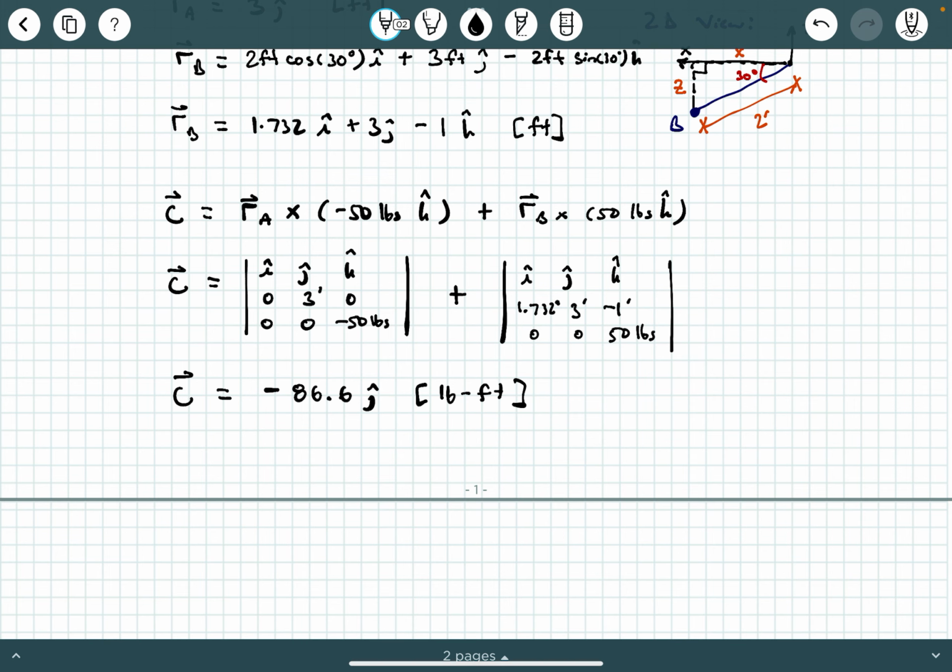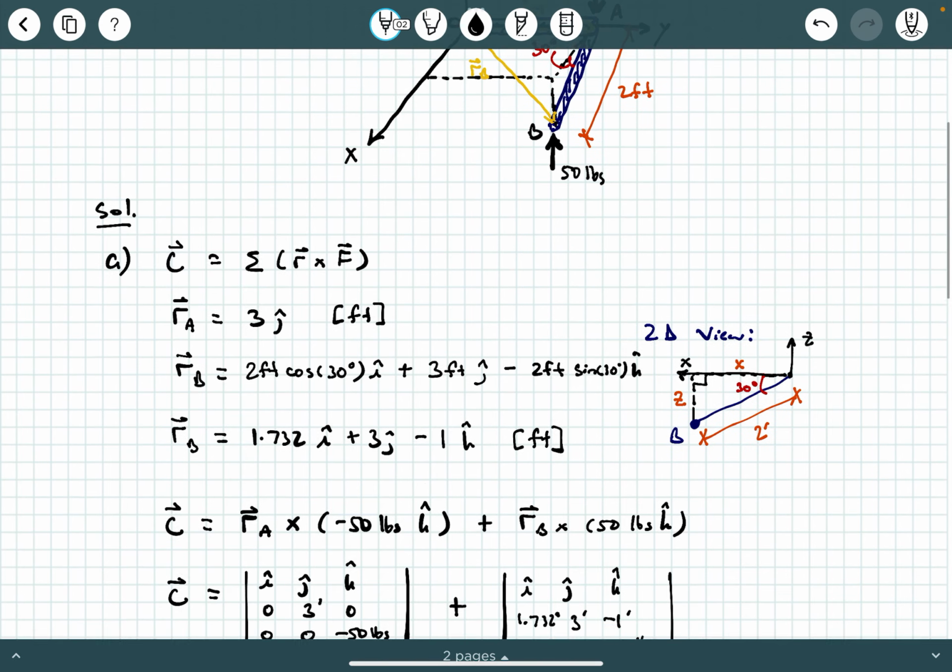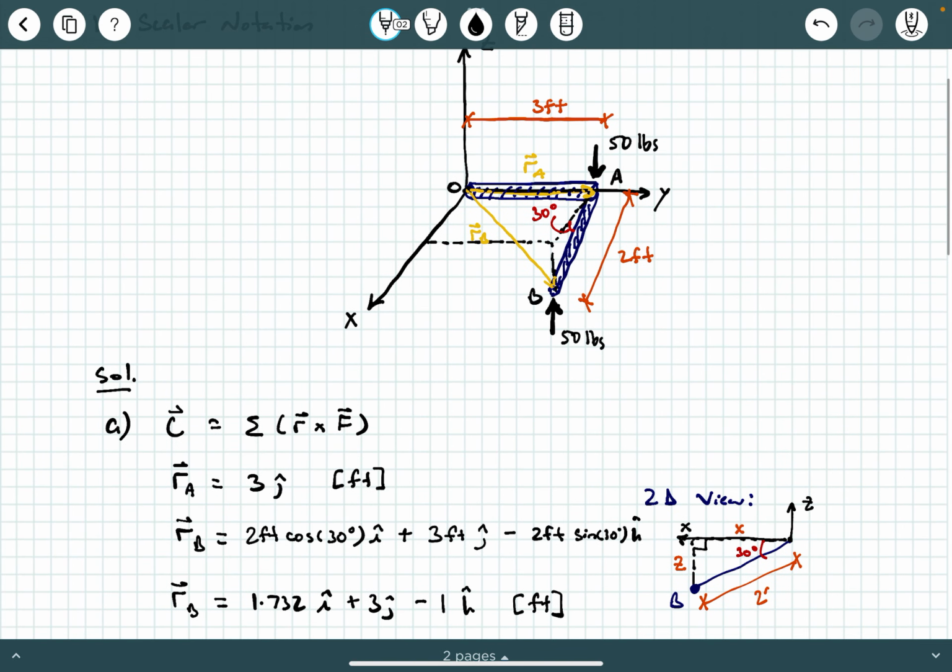What about part B? Part B says to use scalar notation. Well, we'll find that using scalar notation is actually a lot faster for this particular problem. So my suggestion to you is whenever you have a problem where you can use scalar notation, I would use that instead of vector notation if you have a choice.